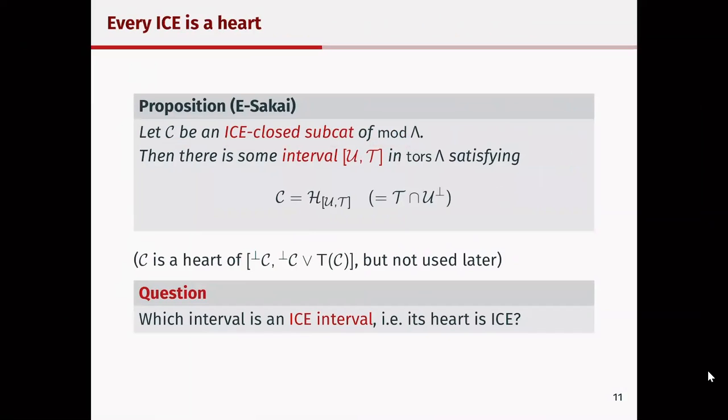Then there exists some interval of torsion classes such that C is equal to the heart of this interval. So now any ICE closed subcategory can be realized as the heart of some interval. And actually there is an explicit construction of this U and T, but you don't have to remember it since it is not used later.